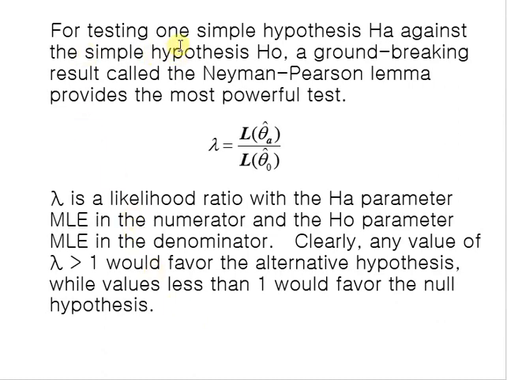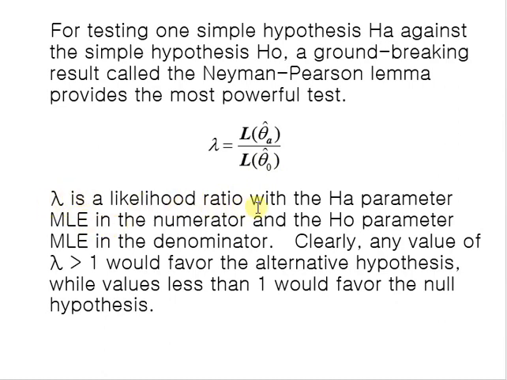For testing one simple hypothesis H alternative against a simple hypothesis H null, a groundbreaking result called the Neyman-Pearson lemma provides the most powerful test. Lambda equals L of theta hat alternative over L of theta hat null.